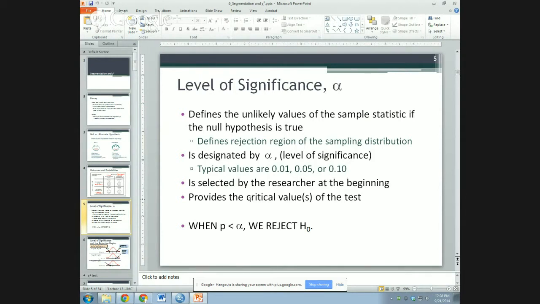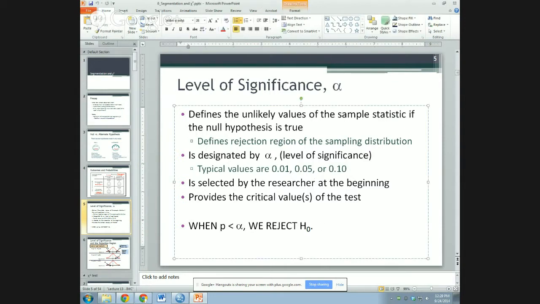So what do I mean by that? The critical value is the cutoff point that shows us where we reject the null versus where we accept the null. In null hypothesis testing, when the p-value is less than 0.05, we reject the null hypothesis.